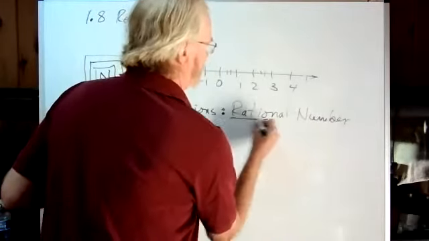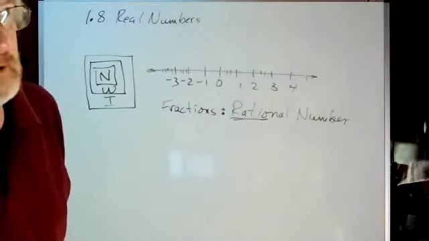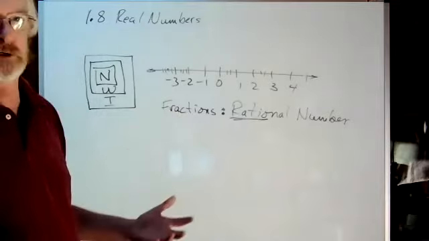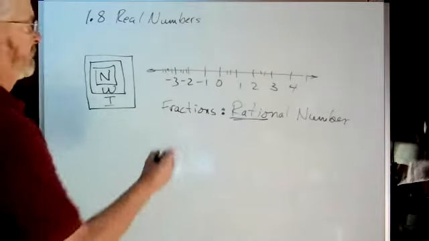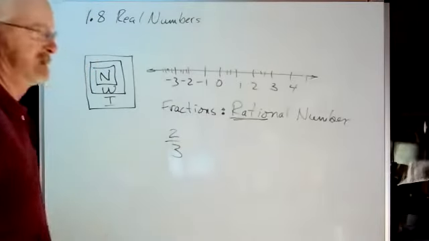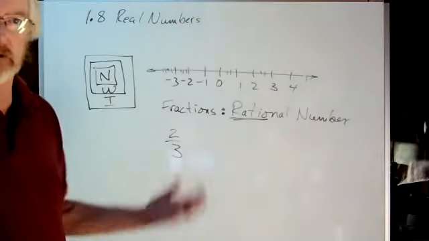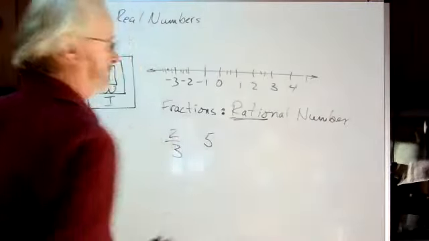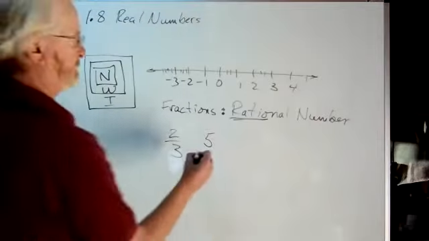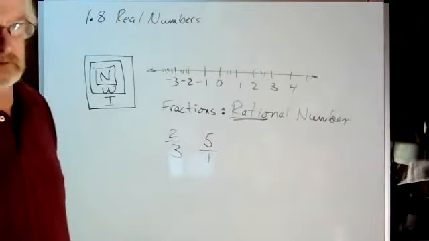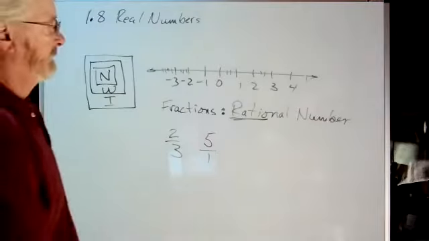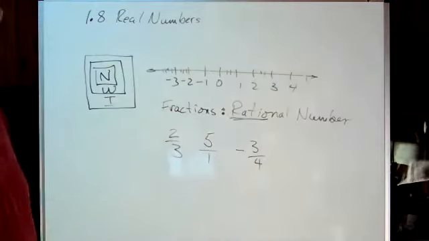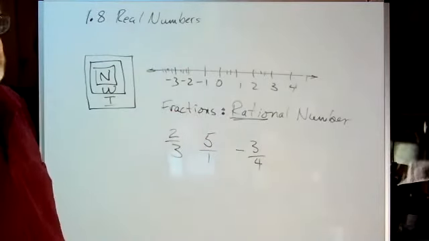Rational, and the root word in there is ratio. A rational number is any number that you can make look like a ratio or a simple fraction. So obviously 2/3 looks like a fraction. It's a rational number. The number 5, I can make it look like a fraction just by putting it over a 1. And if it's negative, no big deal. It's still a rational number. It just happens to be a negative fraction.